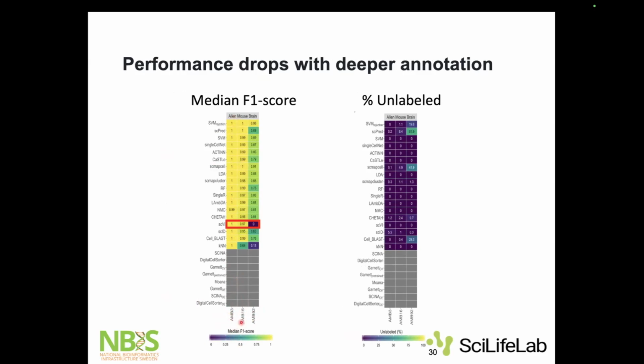When the complexity increases, like the number of cell types increases, then they start to perform less compared to when they only have 3 cell types. And when the number of cell types increased, the performance declines as well.